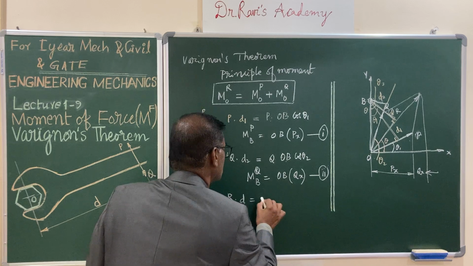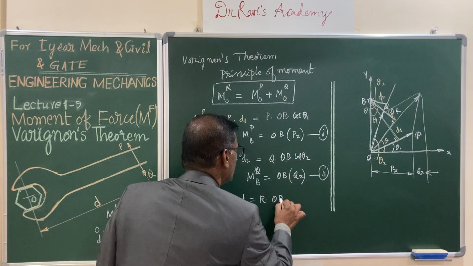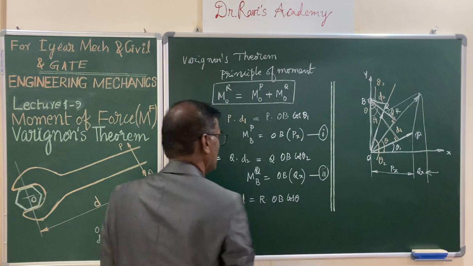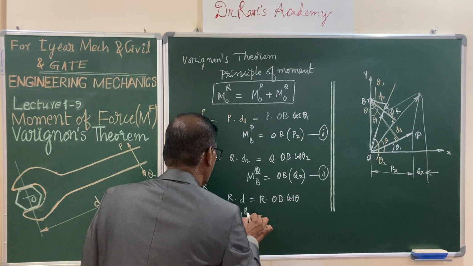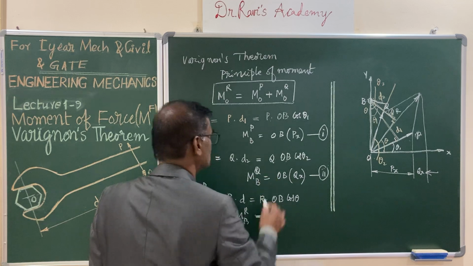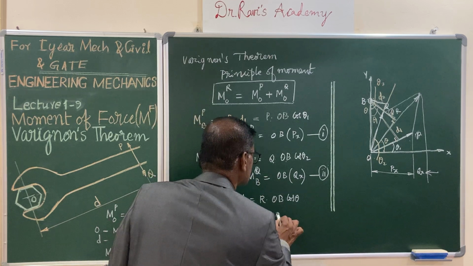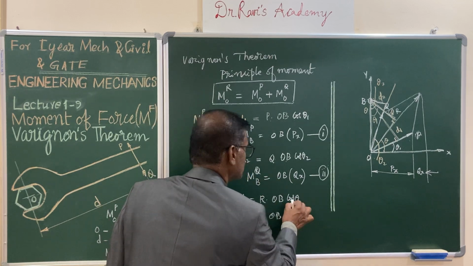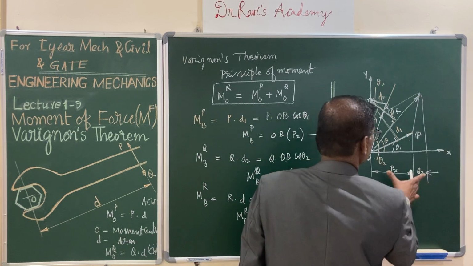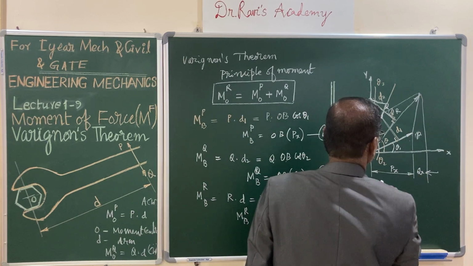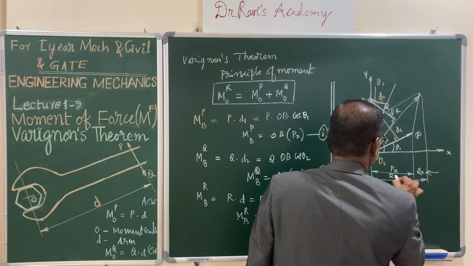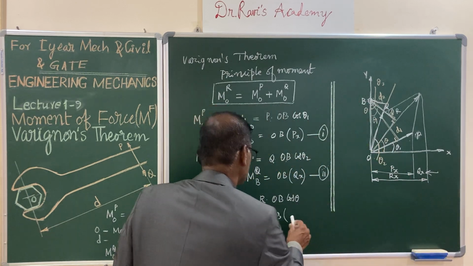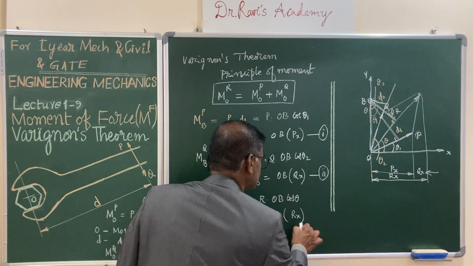So, you can write R into OB cos theta, and in turn the moment of R about B is equal to OB times, observe carefully, R cos theta. Your R cos theta is nothing but Rx, the component. So, this is Rx.